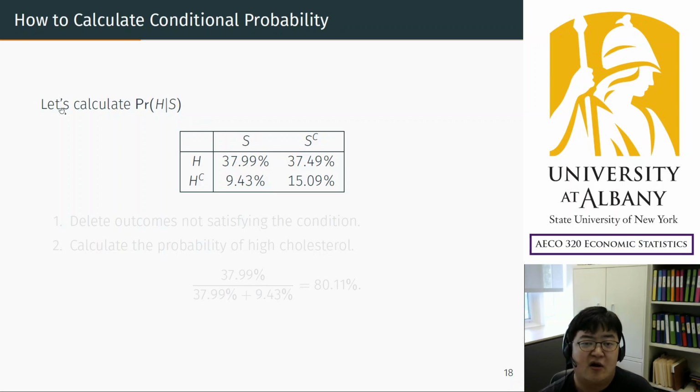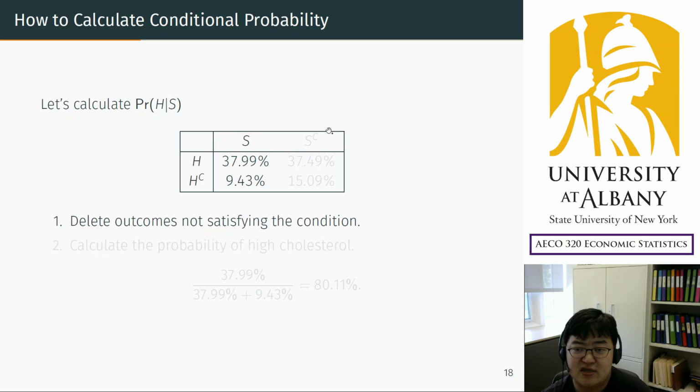So, in our high cholesterol and smoking example, let's calculate the probability of high cholesterol given that the person has smoked before. So the condition is smoking. That is, the second column will be deleted, right? So same as before. And among those observations, how many have high cholesterol? 37.99. You may think of it just as a frequency.